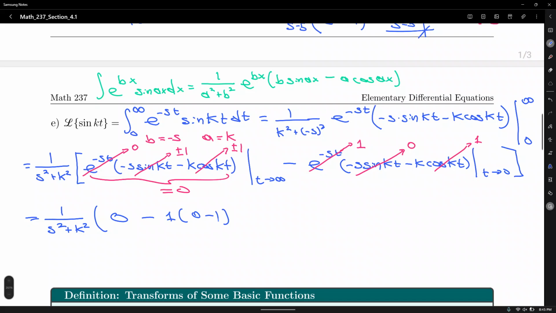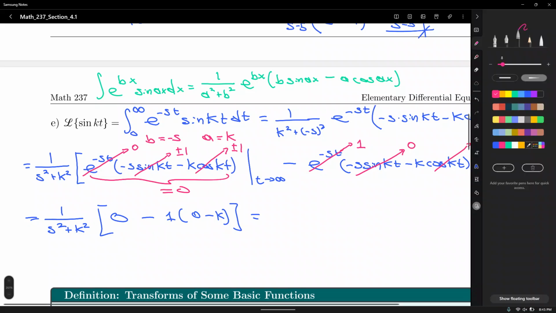That's the term that survives because it's cosine of 0, which is 1, and 1 times k is k. So 0 minus k is negative k. Negative k times negative 1 is positive k. Positive k plus 0 is still positive k. So this is equal to k.